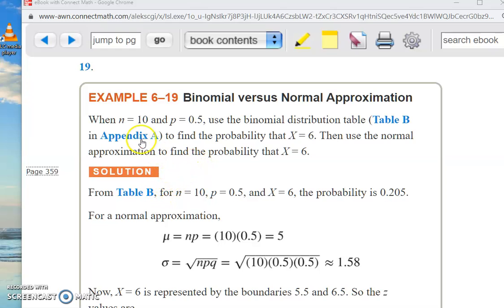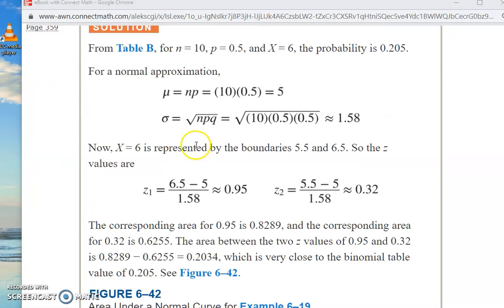You remember, n times p has to be greater than or equal to 5, and n times q has to be greater than or equal to 5. Well, it's easy enough. We'll just do it. 10 times 0.5 is 5. That's what P is. P is 0.5. Q is also 0.5. So n times q is also 5. So the approximation is legitimate.